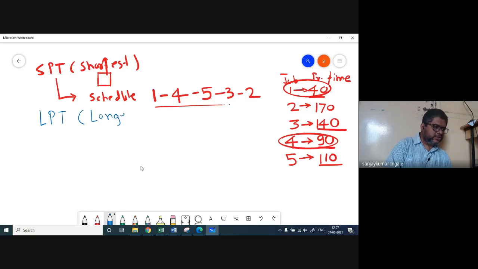That means the jobs which are going to take more time, we are going to finish first. Let us get free of those jobs likely to take more time, and the smaller jobs will be carried out afterwards.